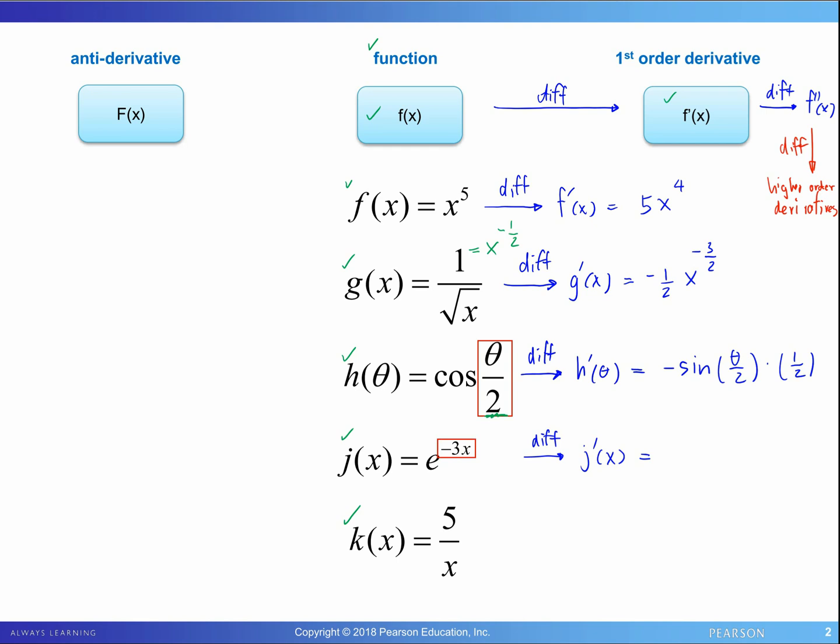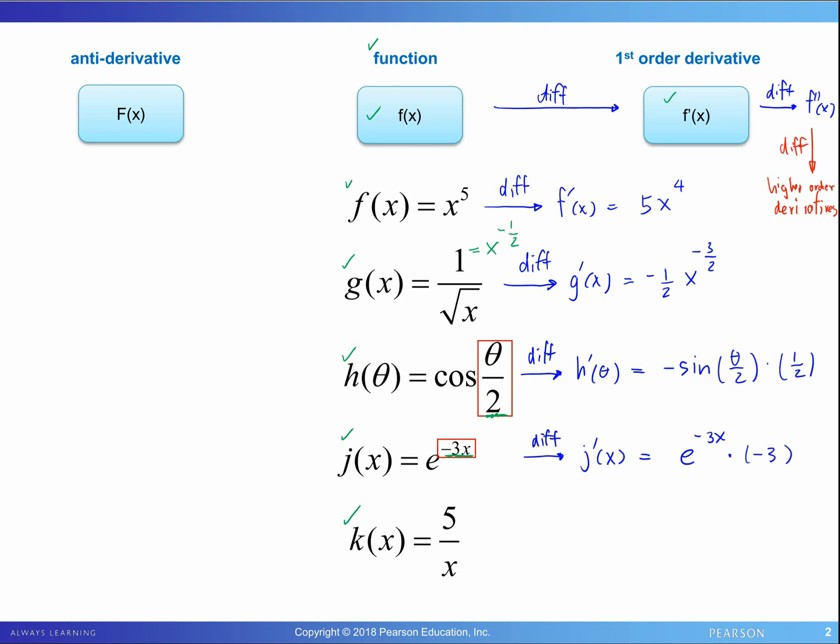You diff exponential, you get exponential. Nothing changes. E stays the same. And now the inside of the box is left alone. So I still have minus 3x right here. And now I diff the inside of the box, diff minus 3x, I get minus 3 right here. And multiply that with the first term.